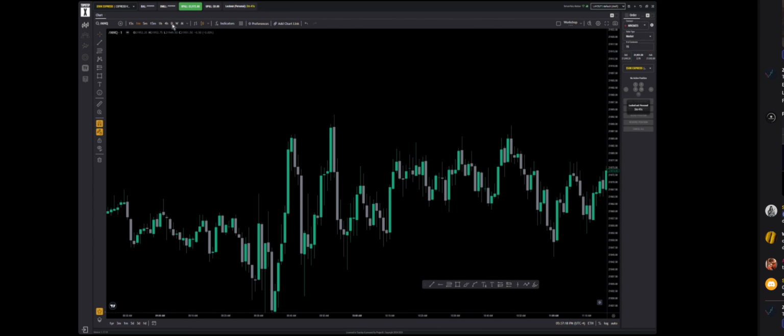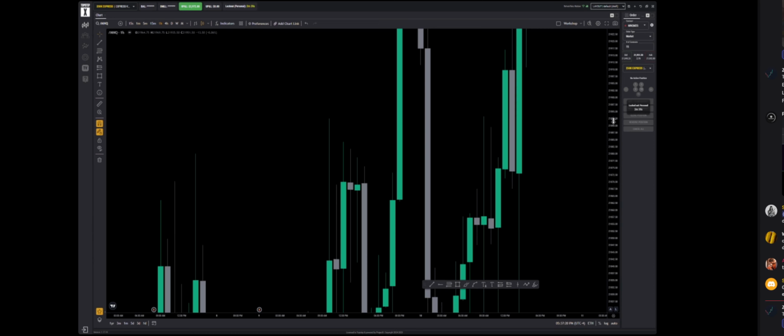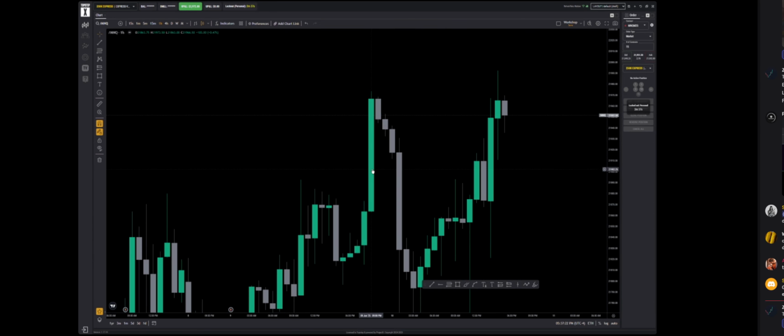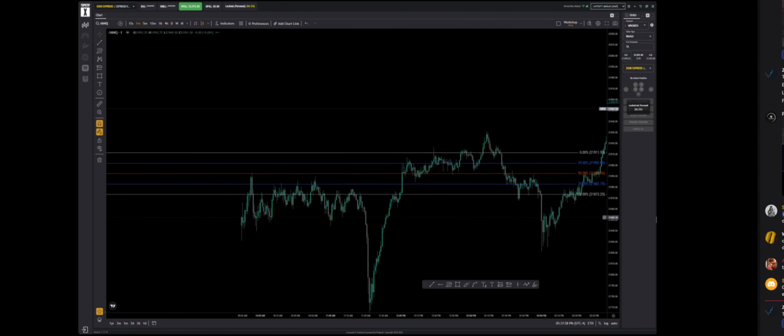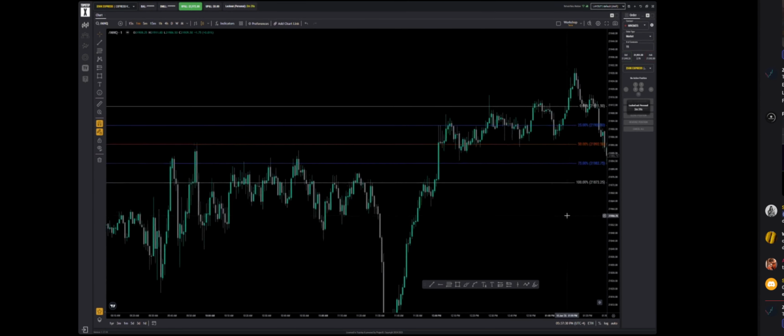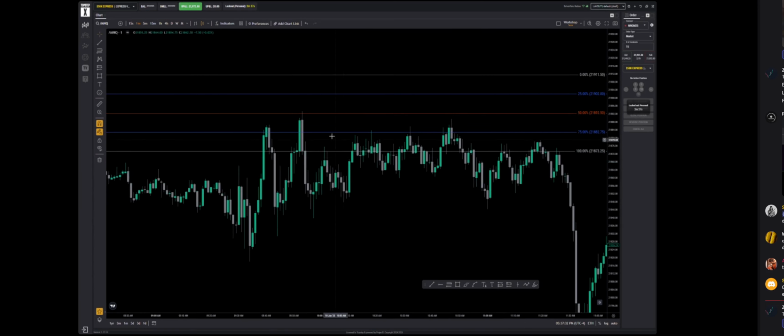Want to see? Hourly bullish fair value, overlapping bearish fair value from here to here. What is that here? Exact 50%. This is the 10. Remember this is the 10. This was the 10 AM fair value.